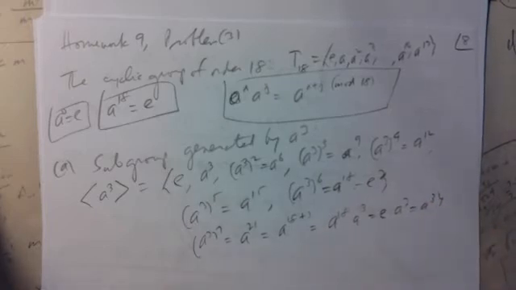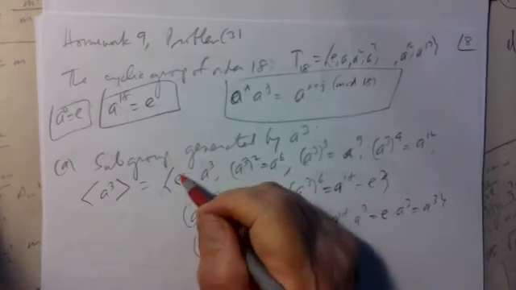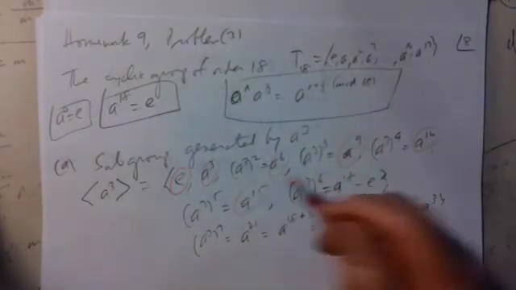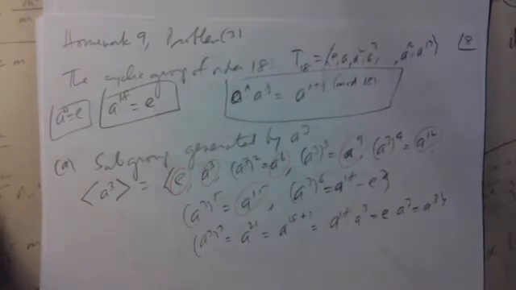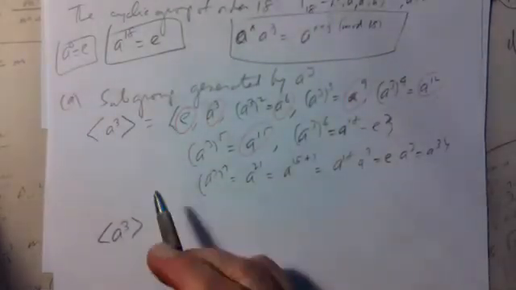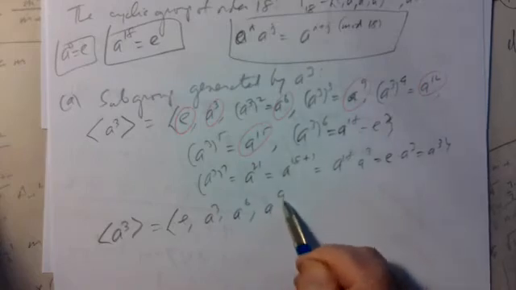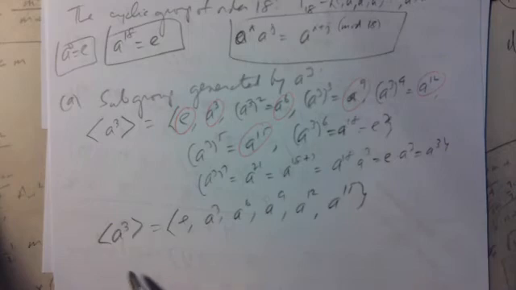So the only elements of this set, the distinct elements of this set, are e, a cubed, a to the 6th, a to the 9th, a to the 12th, a to the 15th. That's it. So the cyclic group generated by a cubed has 6 elements in it: e, a cubed, a to the 6th, a to the 9th, a to the 12th, and a to the 15th.